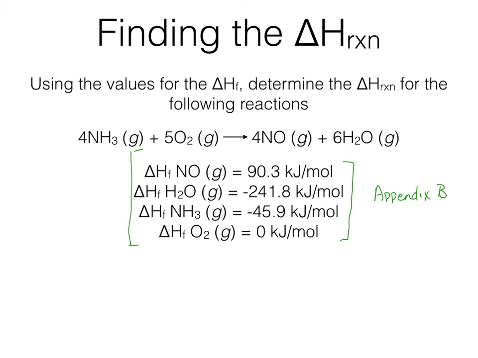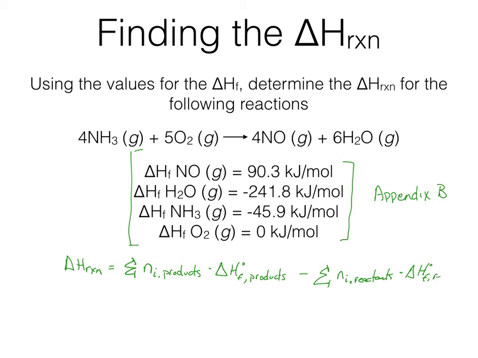The delta H of reaction is equal to the sum of the moles of my products times my delta H standard of formation of my products, minus the sum of my moles for my reactants times my delta H of formation for my reactants.